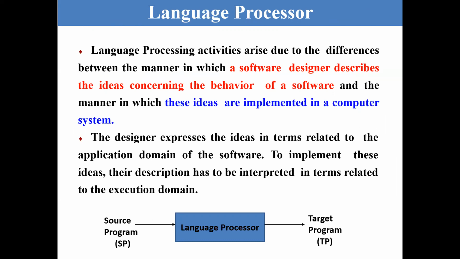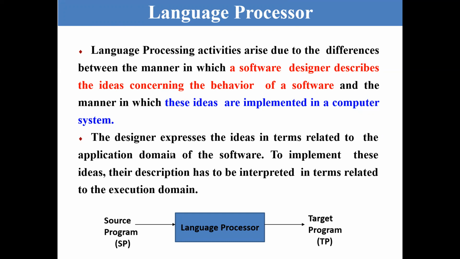First of all, the language processing activities arise due to the differences between the manner in which the software designer describes the idea concerning the behavior of a software and the manner in which these ideas are implemented in a computer system.